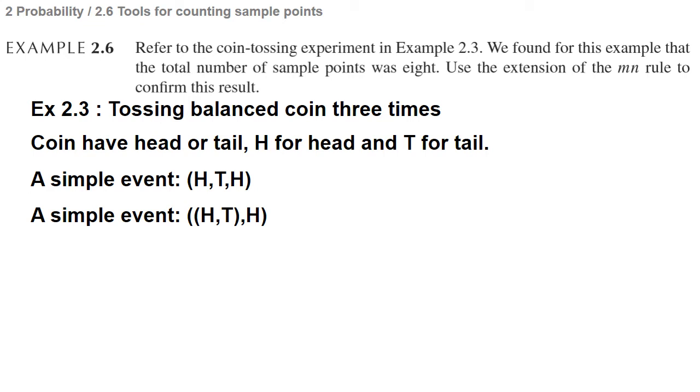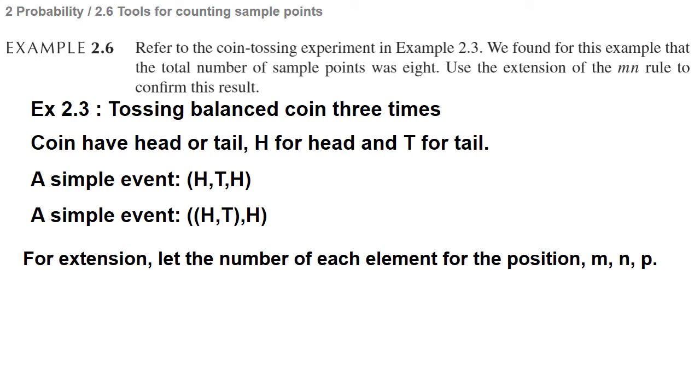So we calculated the result is 8, and actually we can extend the result more generally. So let the number of elements for each position be m, n and p.